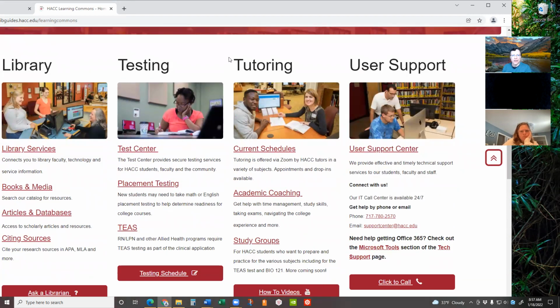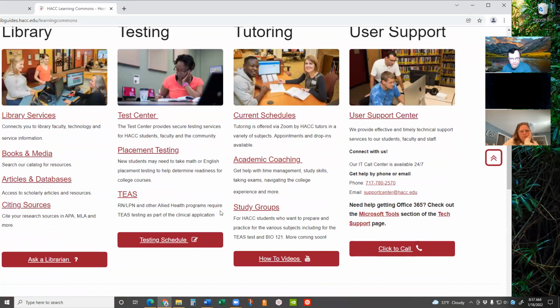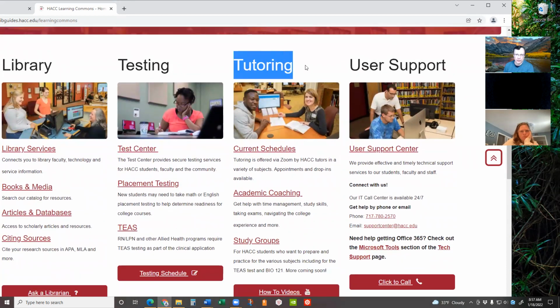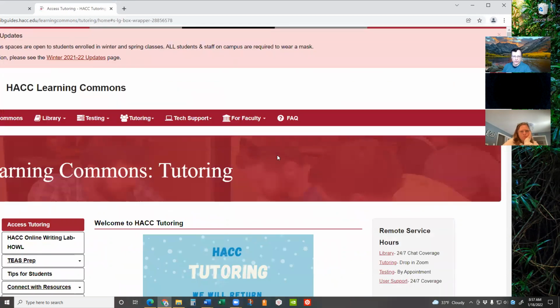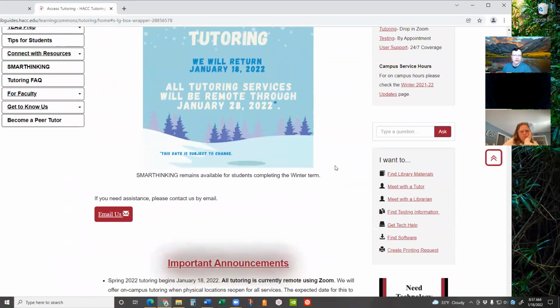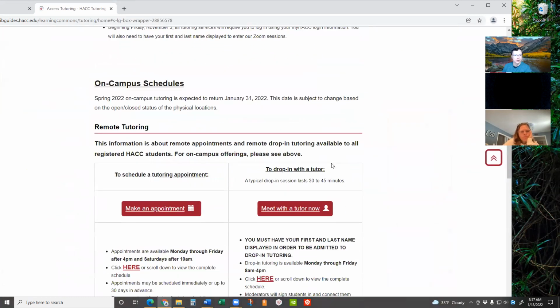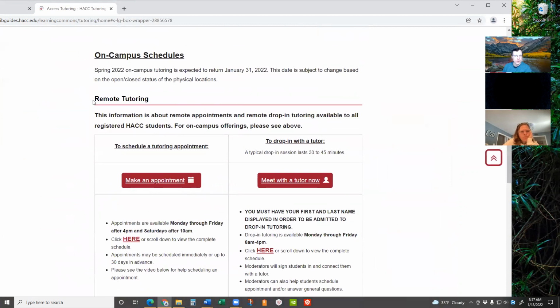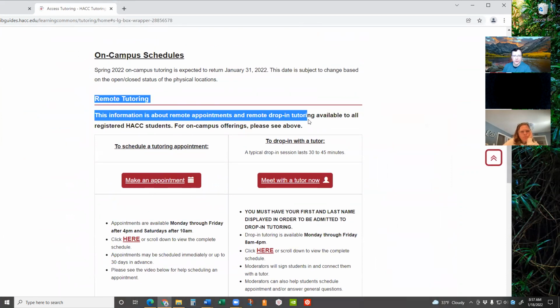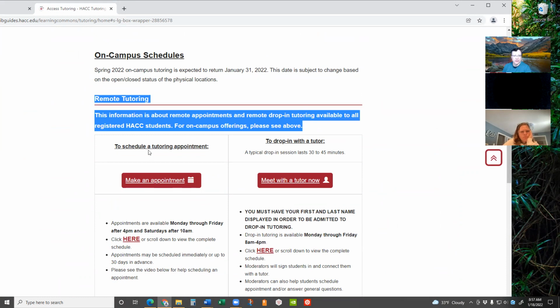All right, tutoring. Here's the tutoring column. There are tutors available, so we can go to current schedules, and I'm going to let you walk through this, but on this page you will see information about remote tutoring. We have tutoring appointments you can create, and there's also drop-in tutoring.